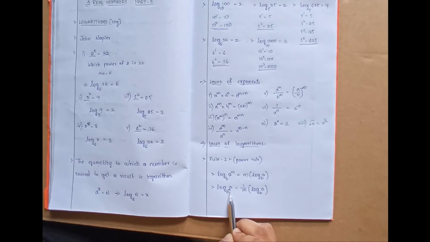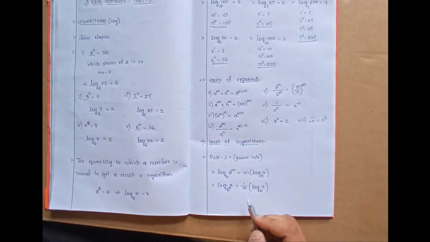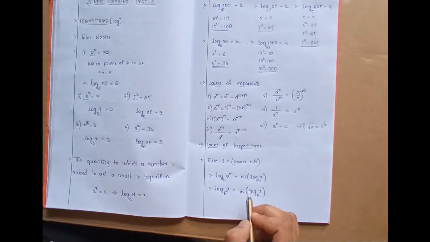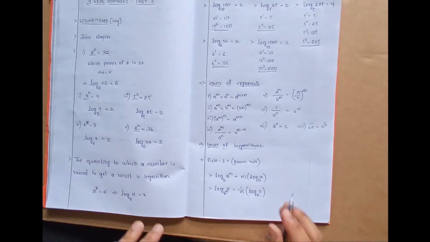Here when the base has an exponent, it goes out and multiplies as a reciprocal. Here we have the power m, so when it goes out it becomes 1 by m. Okay, so now let's write.